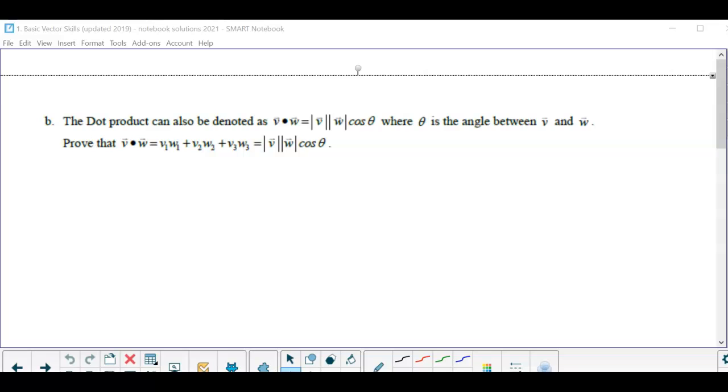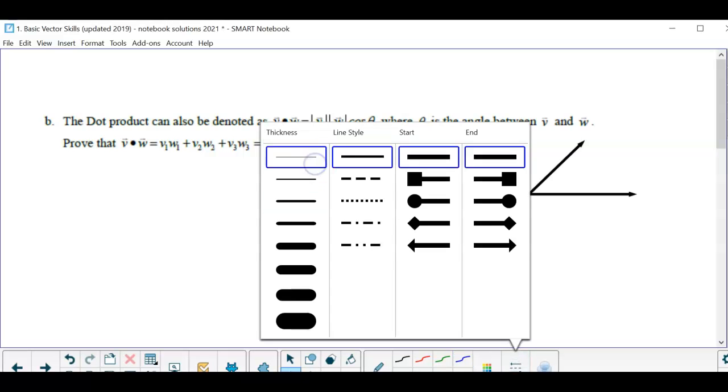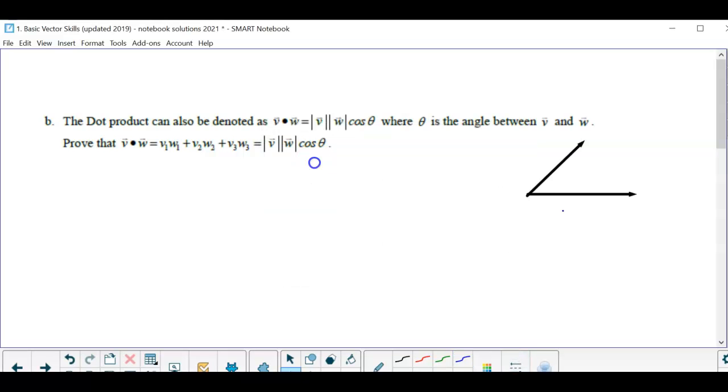Okay, so now we're actually going to prove the dot product between the component form and the geometric form. So if we draw a diagram here of two vectors, u and v, that are joined at their tails. I'm just going to do this. Not u and v, I'm going to call v and w.